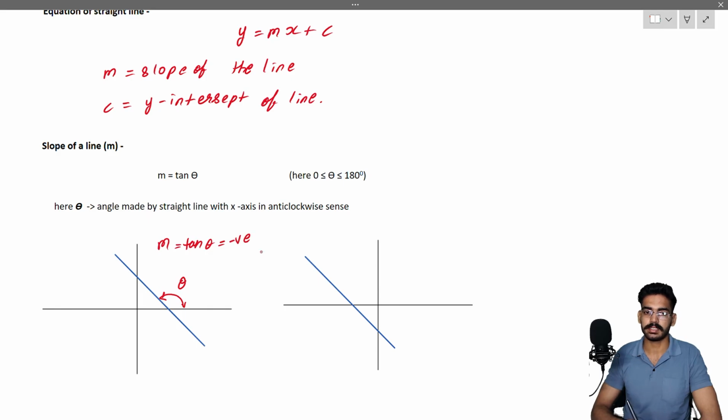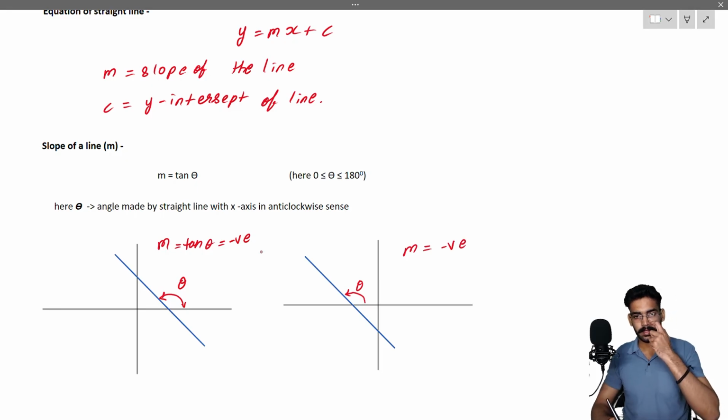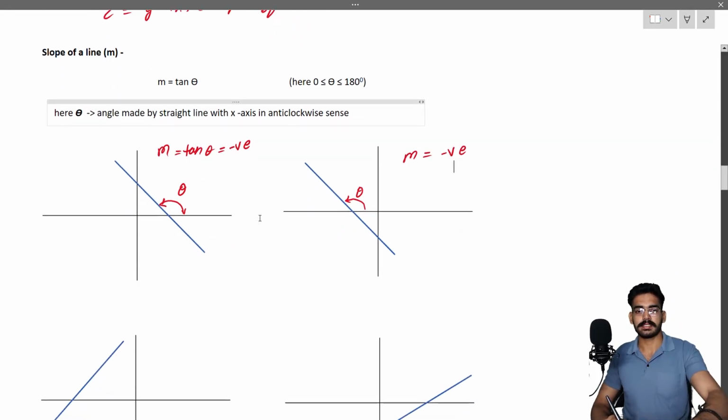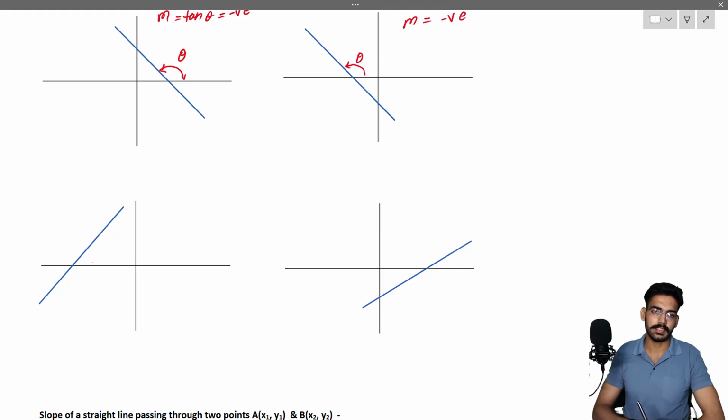Okay, and I can say that this tan theta will be negative, right? Because this theta is above 90. So here I can say m is negative, this is tan theta here. Then let's see the next case. Here this angle is theta, which is less than 90 degree, so m equal to tan theta, and that is positive. In the fourth case theta is less than 90, so m is positive.